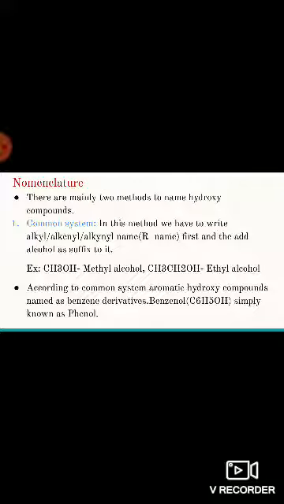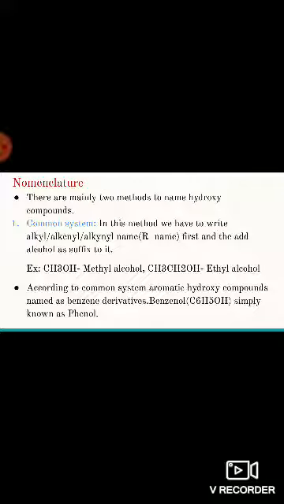In general, in the case of aliphatic compounds, the hydroxy compound is known as an alkyl alcohol. In the case of aromatic, they are known as aryl alcohols. For example, methyl alcohol, ethyl alcohol.